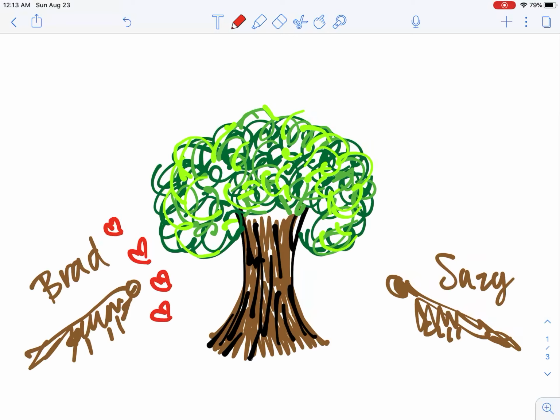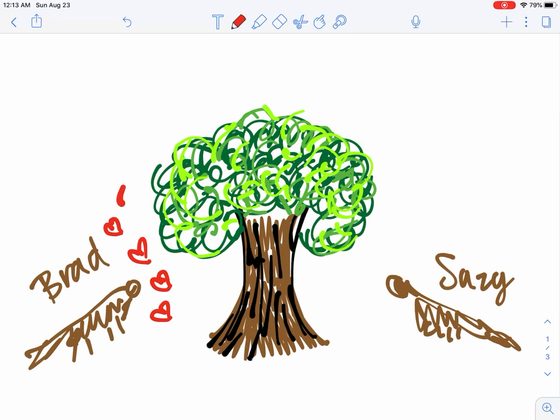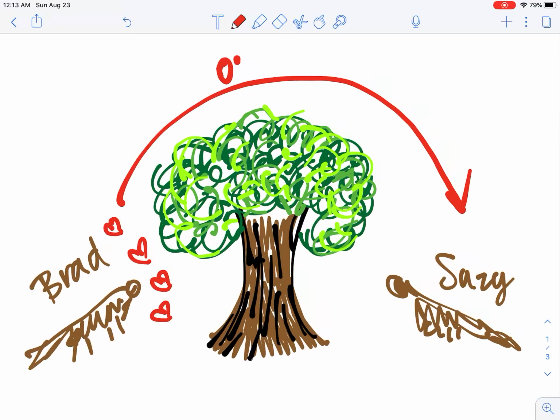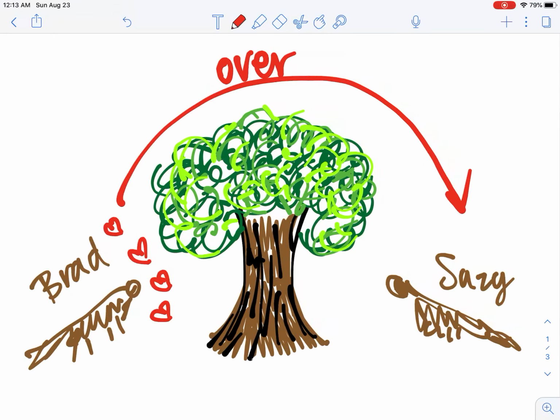So what are the ways by which Brad can get over to Susie Squirrel? Well, if you think about it, he can go over, because he's a flying squirrel. He can burrow under. I mean, he's pretty motivated, so he can dig a hole under, past the roots and get to the other side.